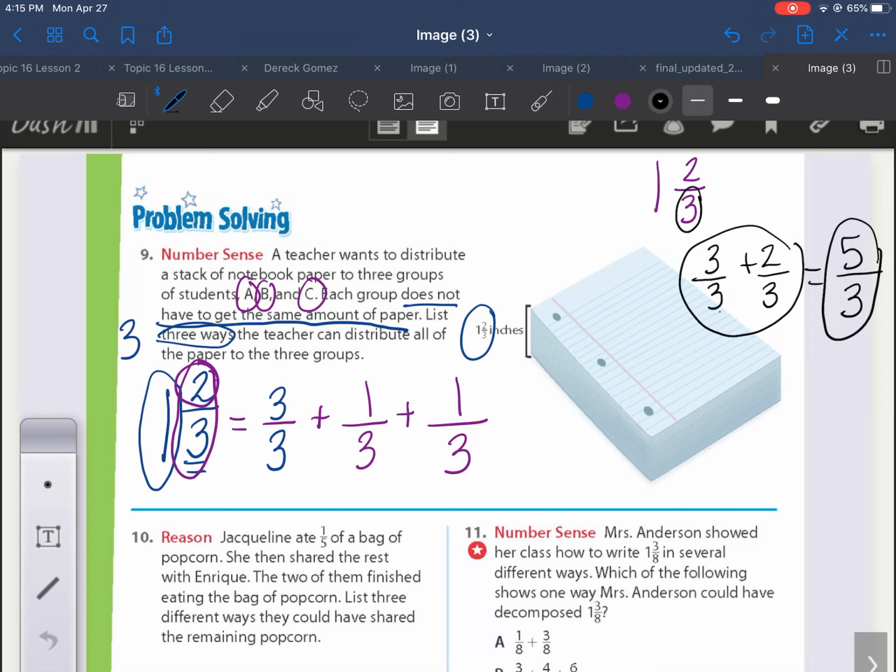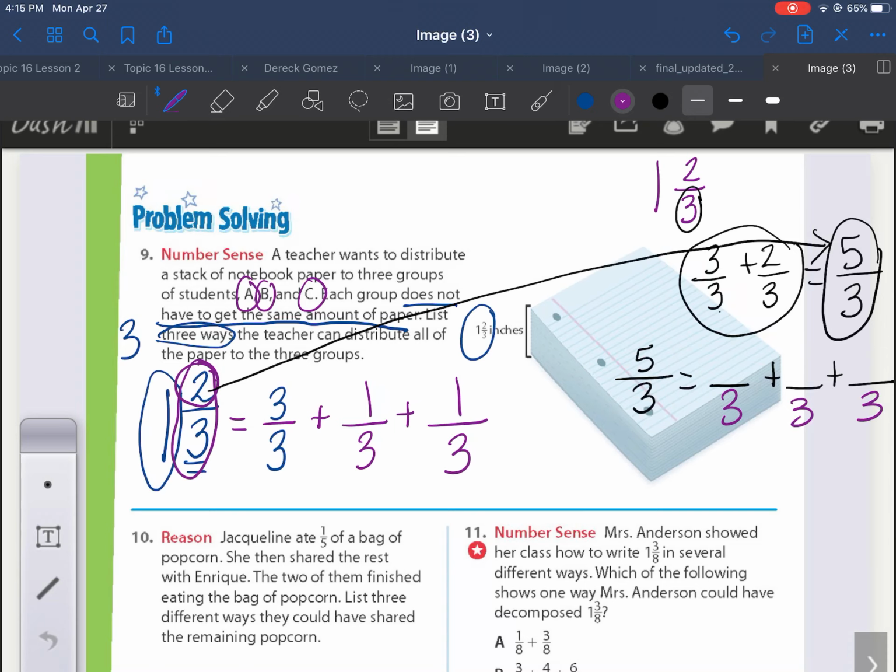3 plus 2 is 5, and the denominator stays the same. So another way to say 1 and 2/3 is to say 5/3. So what's a different way that we can share 5/3? Remember, we have 3 groups, so we need 3 fractions. So the denominator is going to be the same. How can I break 5 apart?